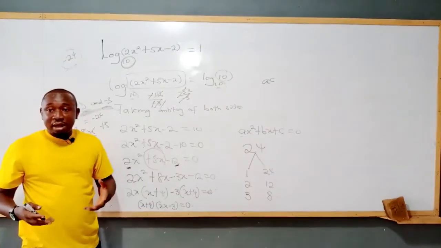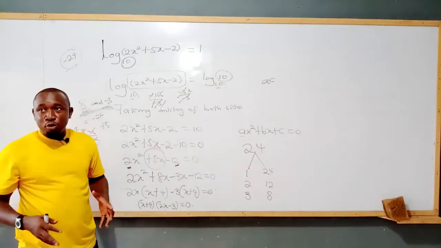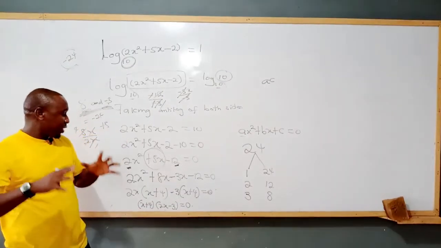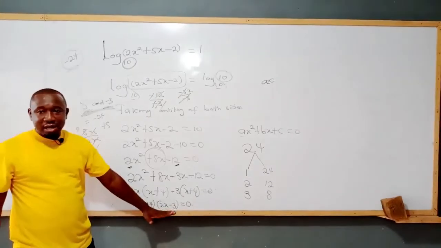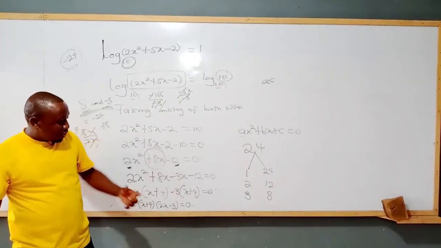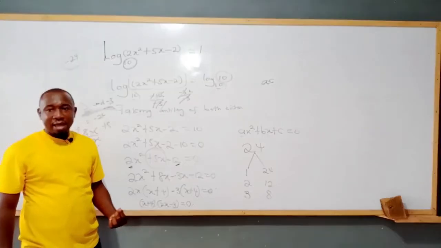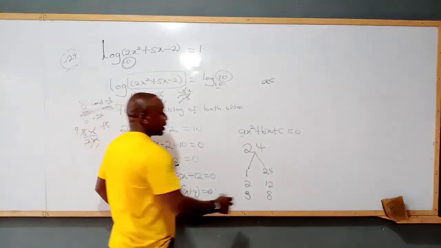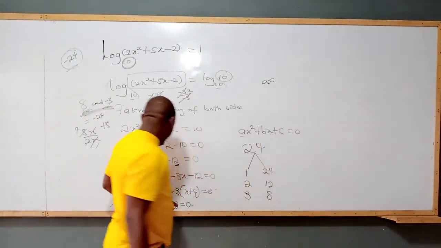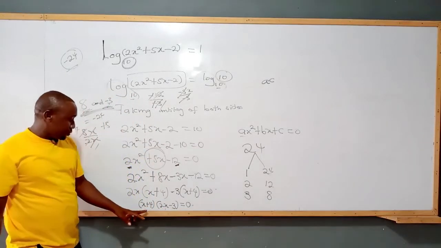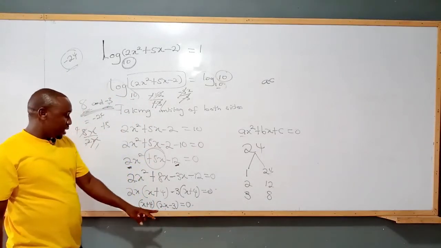In fact, the question says we should find the values of x. At this level, you equate each expression to 0 and then you make x the subject.